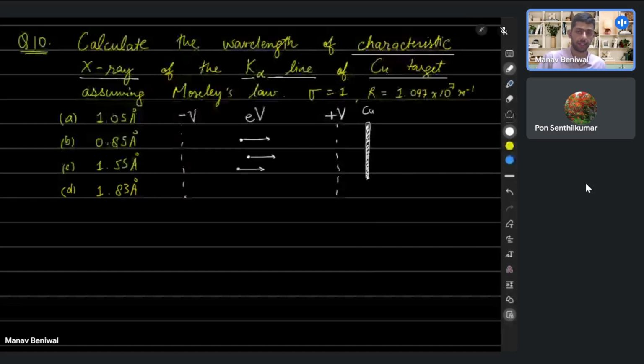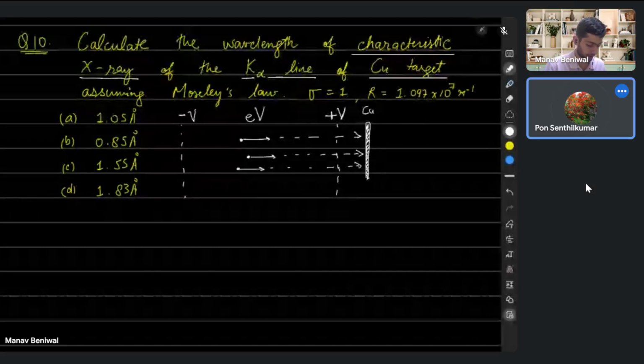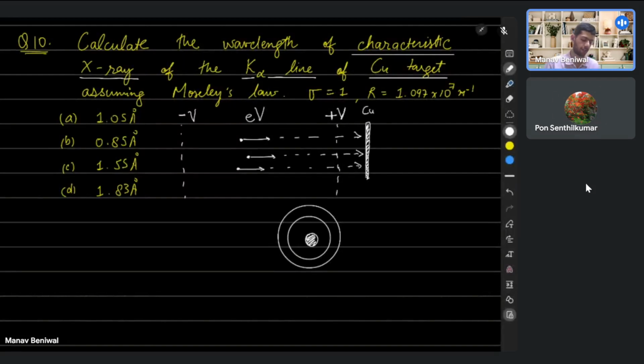When they hit this target, what will happen? They will remove electrons from the copper shells. Let's say this is the nucleus of the copper atom, and these are your inner orbitals, n equals 1, 2, and so on. If this is the n equals 1 orbital, this electron will strike it and an electron will go out.